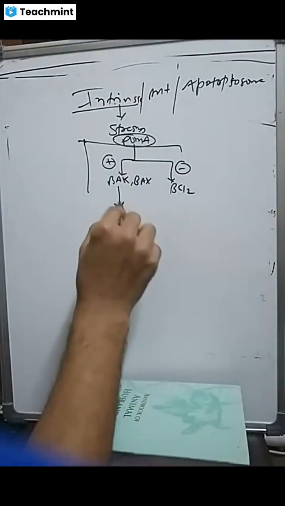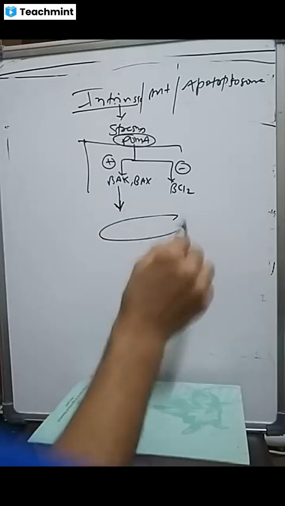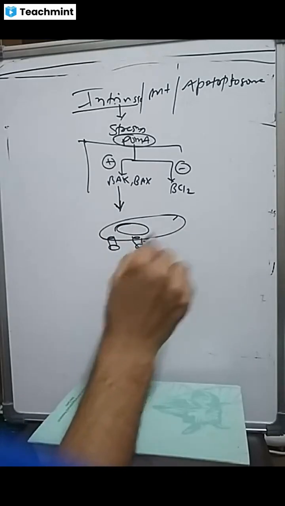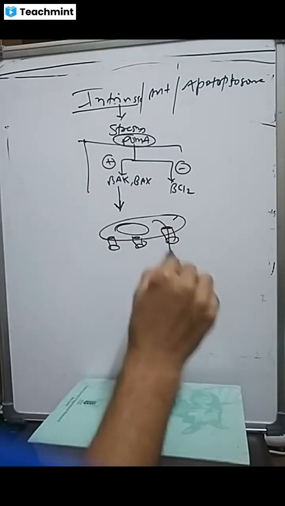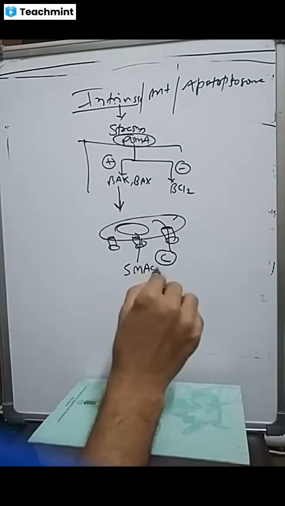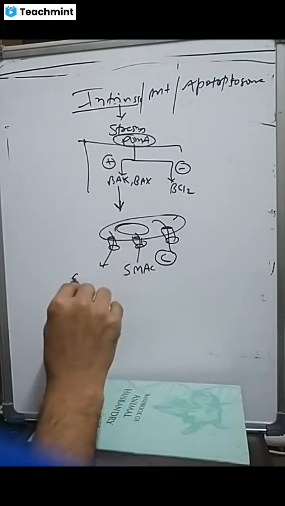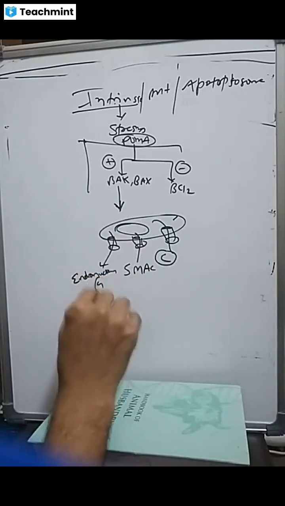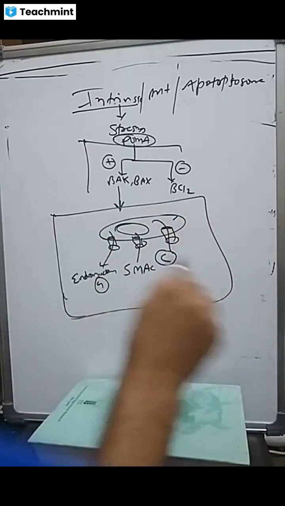These proteins will polymerize and inside the outer membrane they will form some pore. And with the help of these pores, cytochrome C comes out, more protein SMAC comes out, and endonuclease G. All these will come out in the cytoplasm.